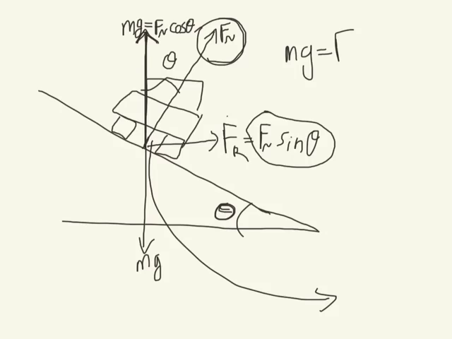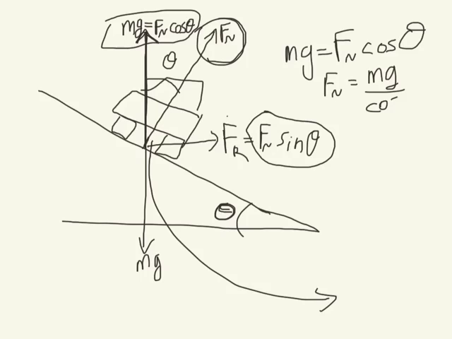So let's take this equation, I'm going to rewrite it over here, and let's use that to solve for the normal force Fn. I'm going to divide both sides by cosine theta. Now we have a definition for Fn.